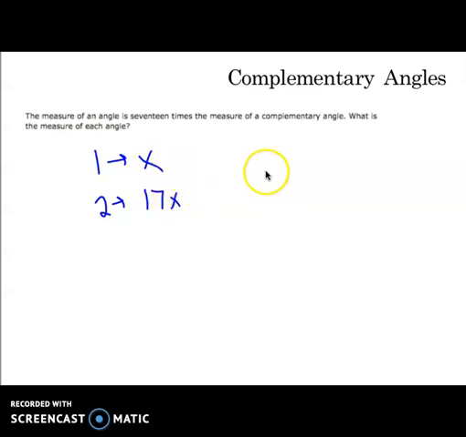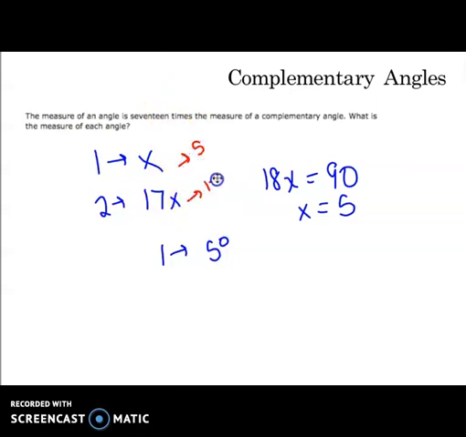Okay? Together, they would be 18x, and because they're complementary, by definition, they're equal to 90. So we do 90 divided by 18, and we would get x to equal 5. So the first angle is 5 degrees, because I sub in 5 for my x, right?